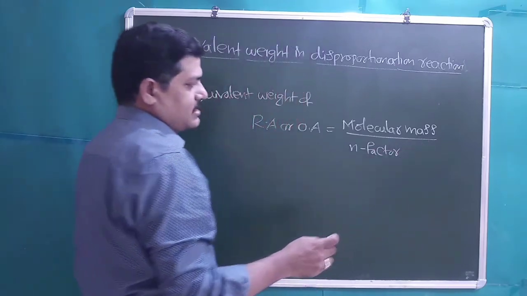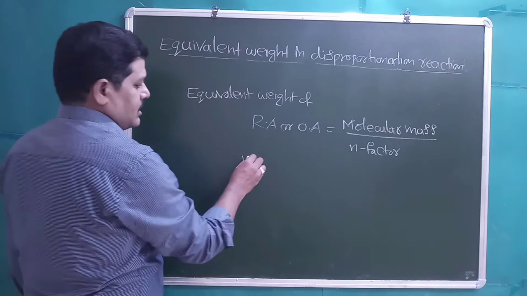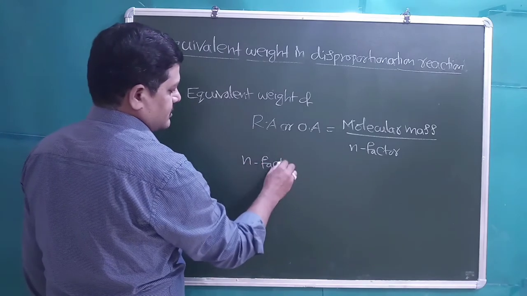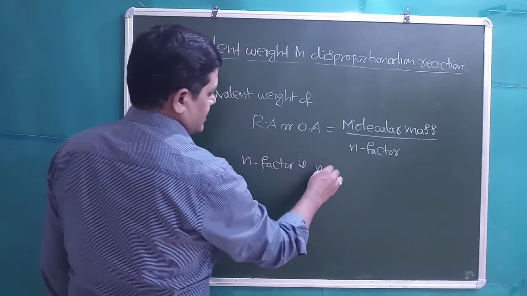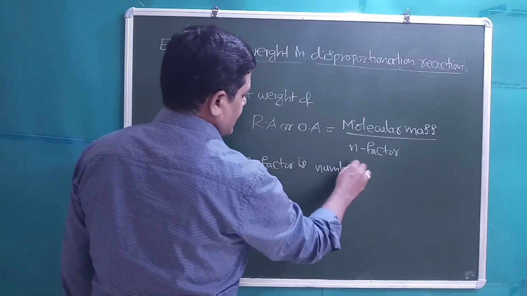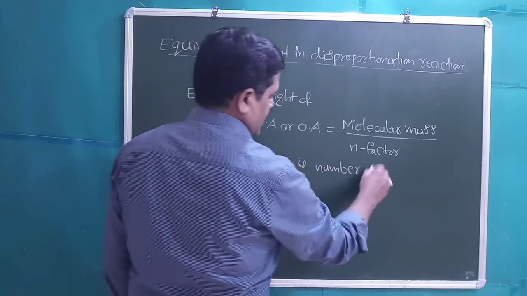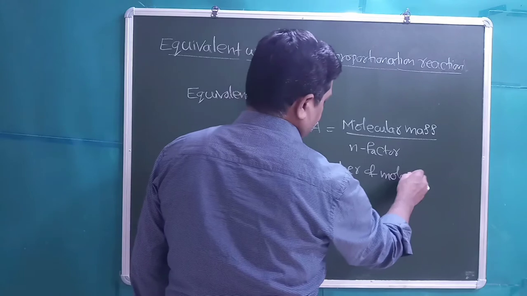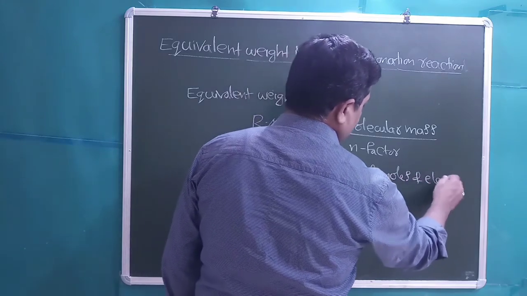For oxidizing or reducing agents, n factor is the number of moles of electrons transferred.